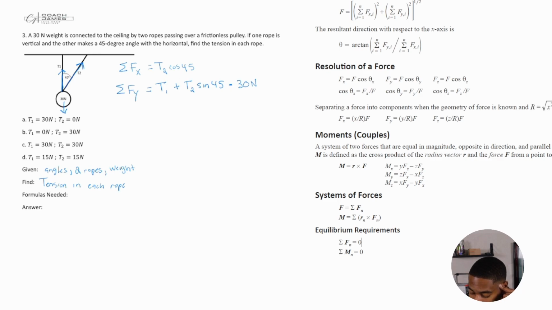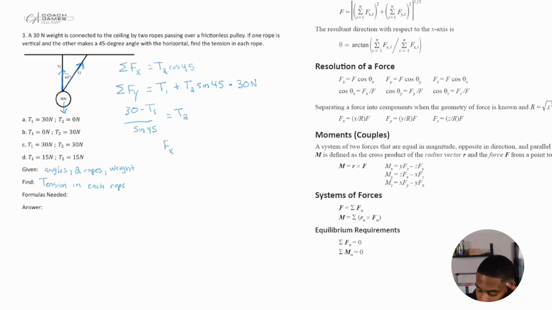Okay, so T2 is going to be 30 newtons minus T1 over sine of 45, which is equal to T2. Okay. So let's try to plug that back into the f of x and see if we get anything.